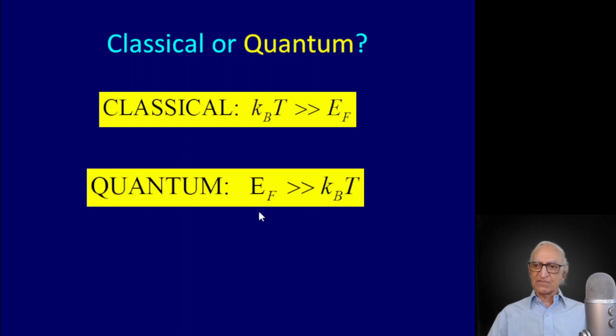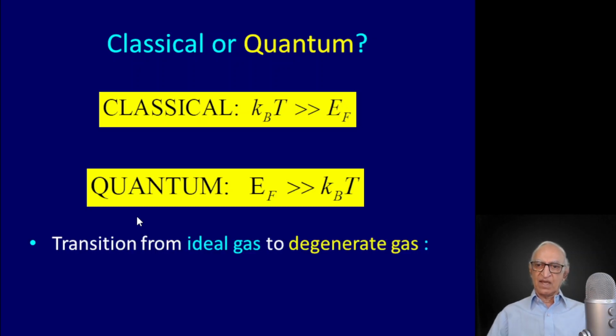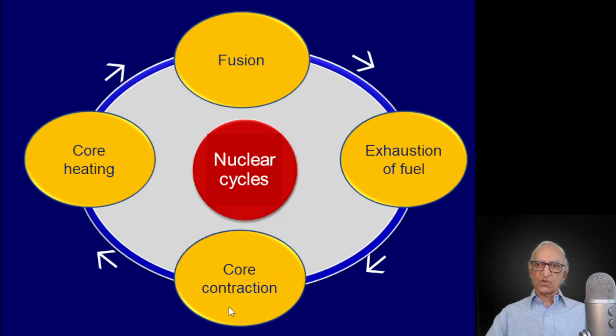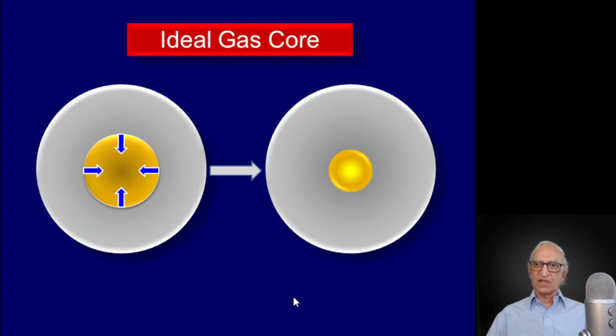On the other hand, if the Fermi energy is much larger than kT, then the gas will obey Fermi-Dirac statistics or the quantum statistical distribution. Where does this transition from classical behavior to quantum behavior occur? Obviously, when the Fermi energy and kT are approximately equal to one another. So this is where the transition occurs, and this boundary is going to play a very important role in our discussion presently.